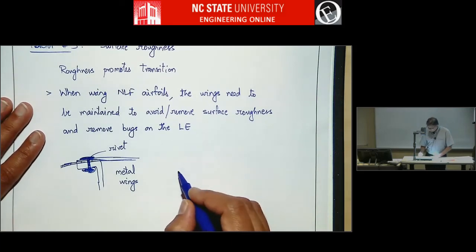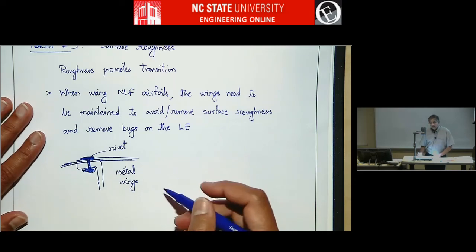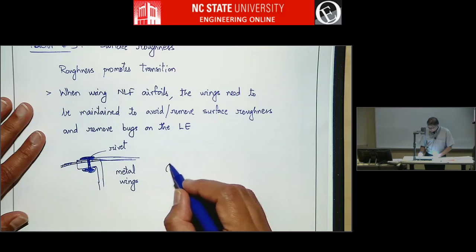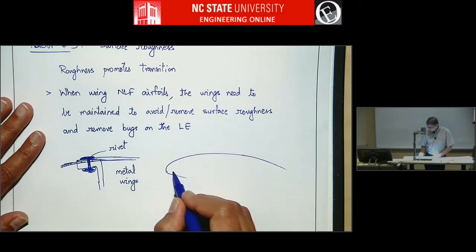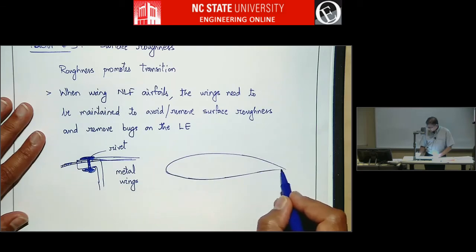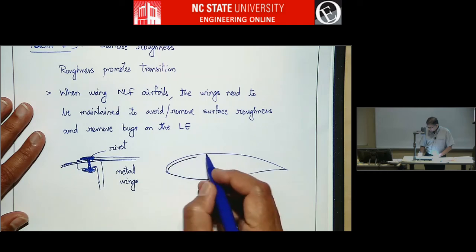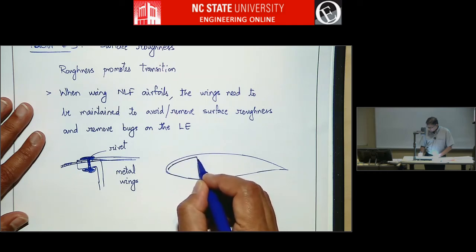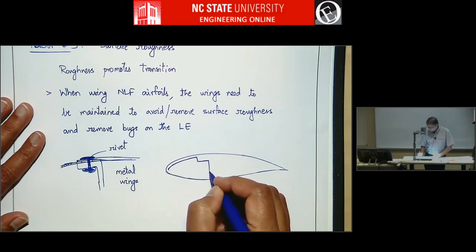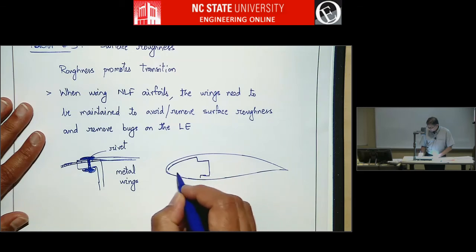But with many modern sailplanes and general aviation aircraft, the construction is done with composite construction, and so you have a smooth skin with no external imperfections. So you have spars that look like this.